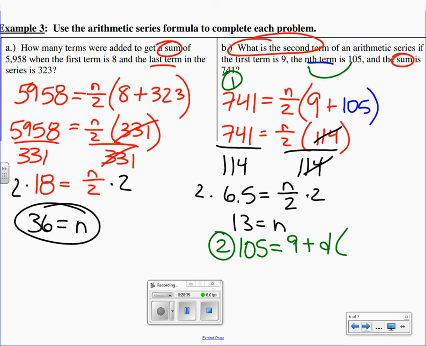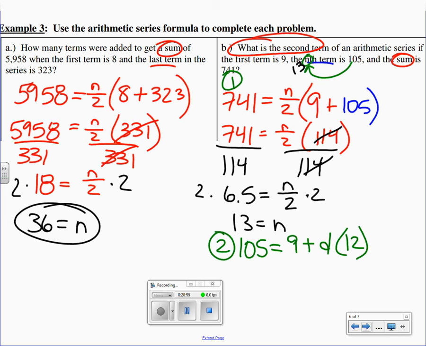I need to figure out what N went with that. What is the N that goes with 105? 13. 13 minus 1 is 12. So let me say that again. 105 is the nth term, and I found N to be 13. So that's where the 12 came from, 13 minus 1.